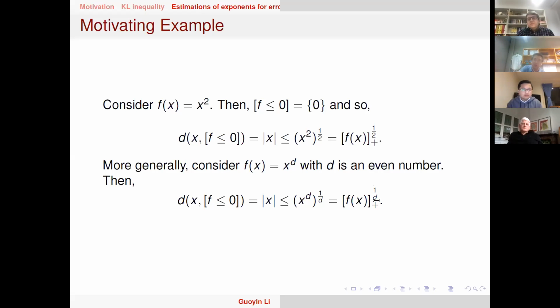And also the exponent should depend on the degree of the polynomial involved. In general, it also should depend on the dimension as well, because here it's one-dimensional, so the dimension you couldn't see here. But in general, it depends on two things: one is the degree, and secondly the dimension of the underlying space.